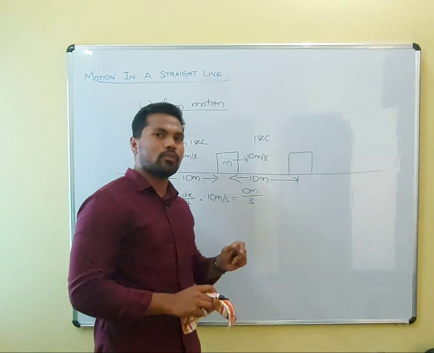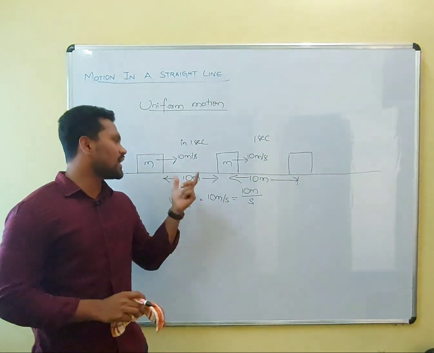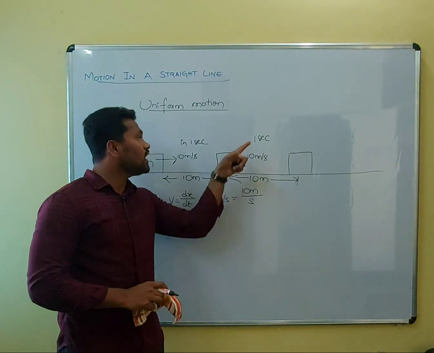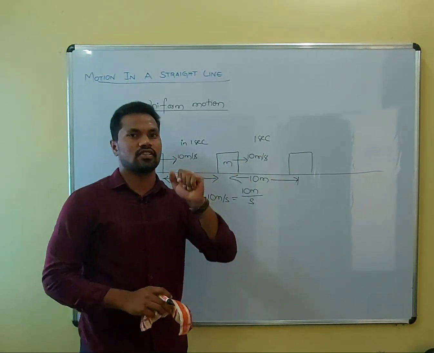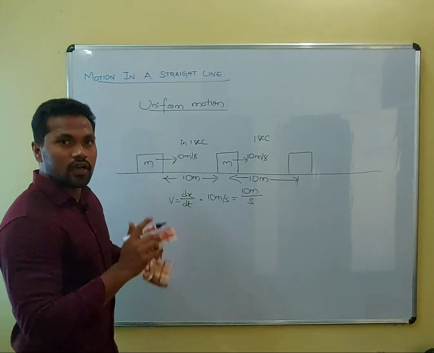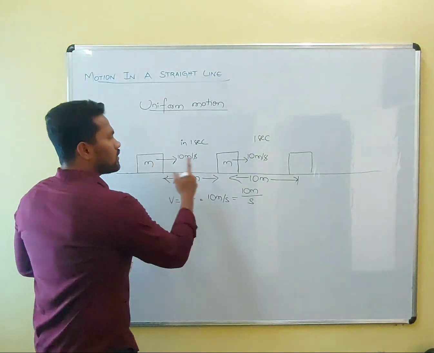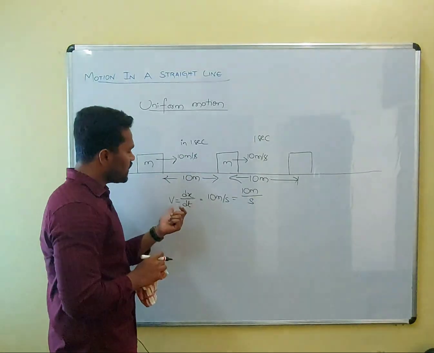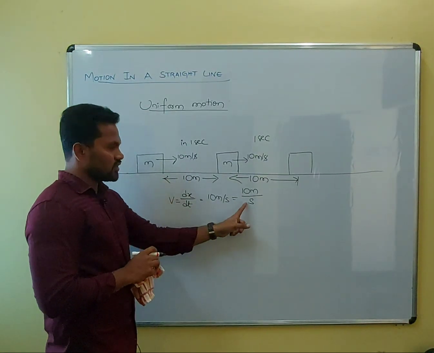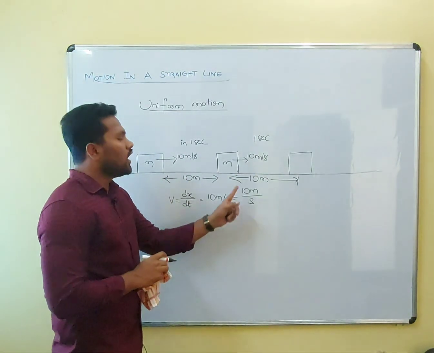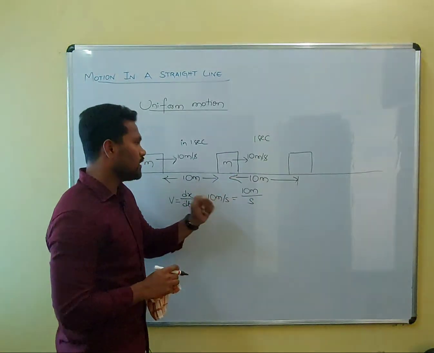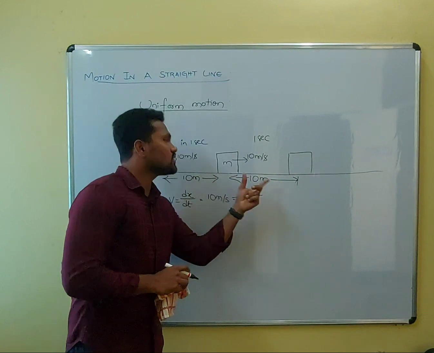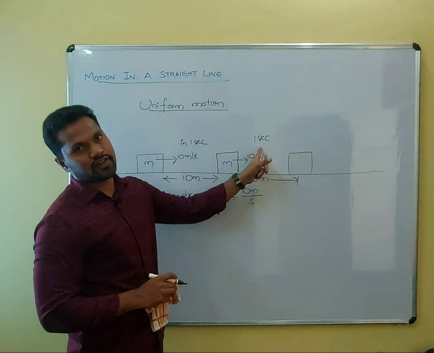What is meant by uniform motion? If any object travels equal distances in equal intervals of time, it is called uniform motion. Try to understand the difference. What I am exactly trying to say is, if velocity is positive and constant, then the object covers equal distances in equal intervals of time.